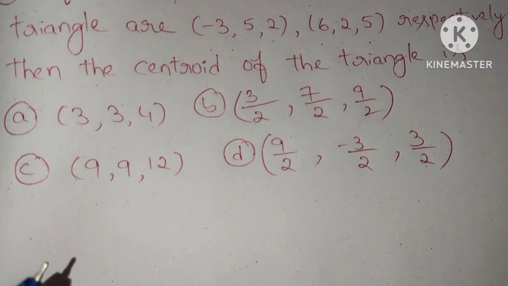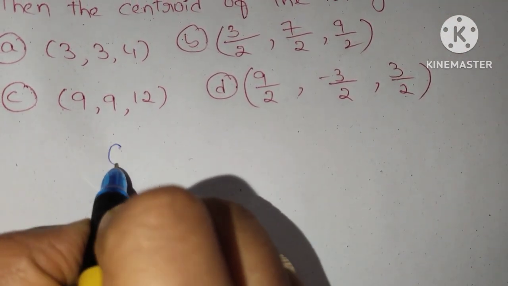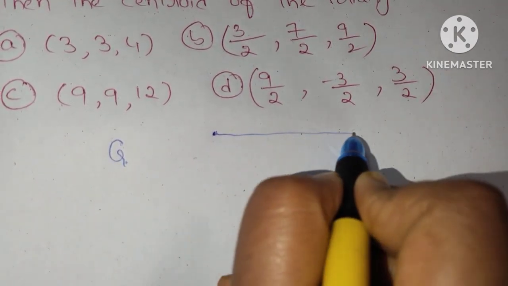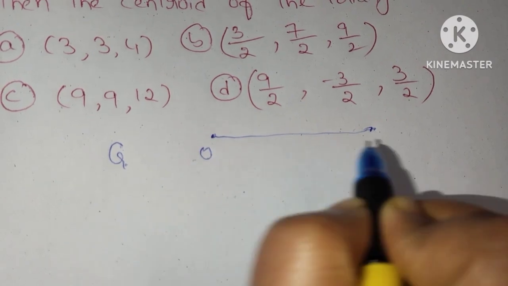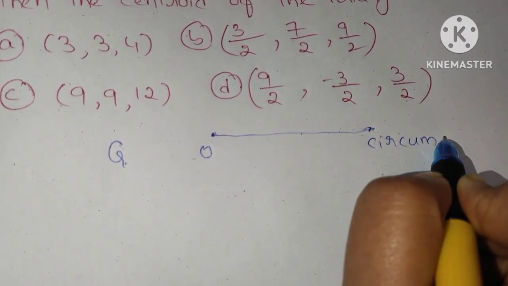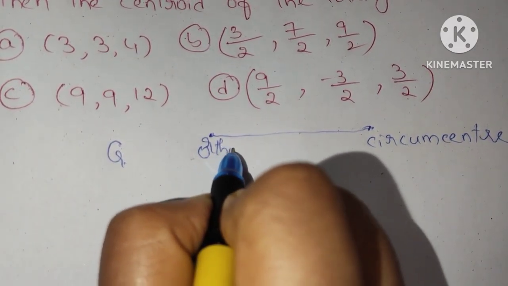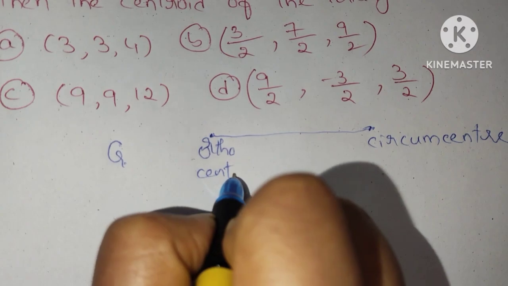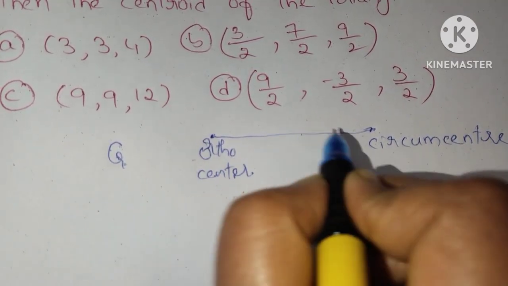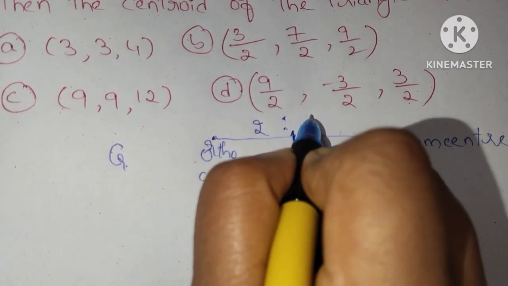We know that the centroid G divides the line joining the orthocenter and circumcenter in the ratio 2:1.